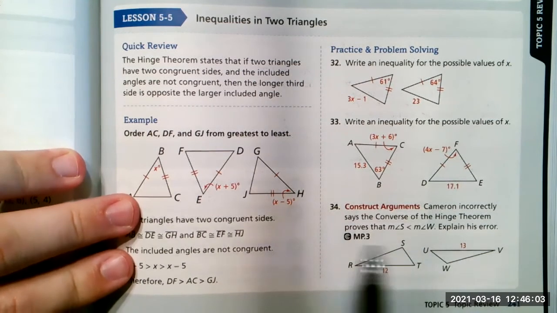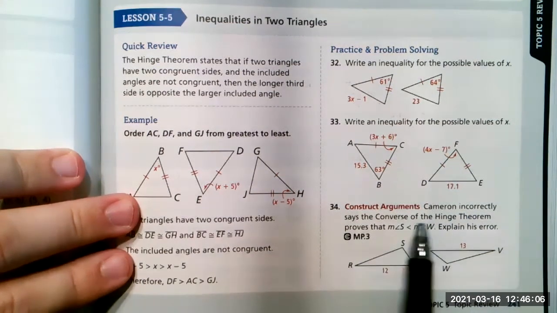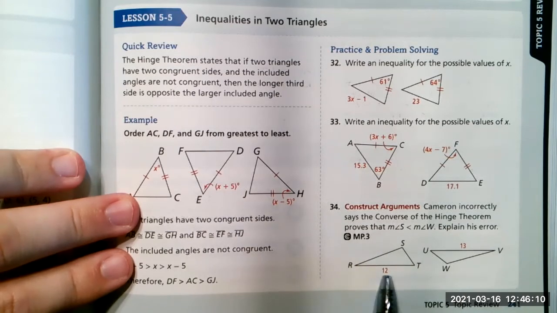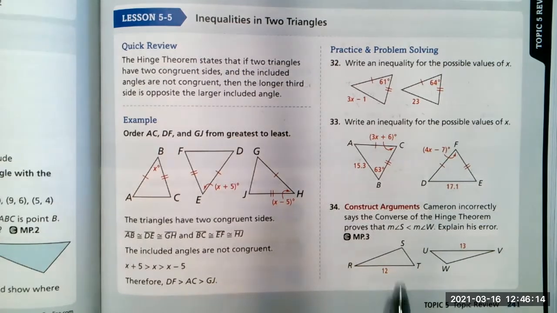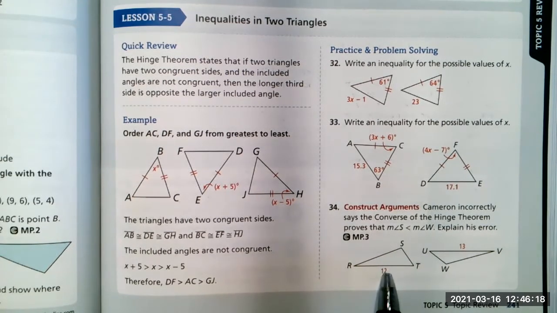Technically, since that angle is opposite the shorter side, you would think that that is the smaller angle, that the measure of angle S has to be smaller than the measure of angle W.